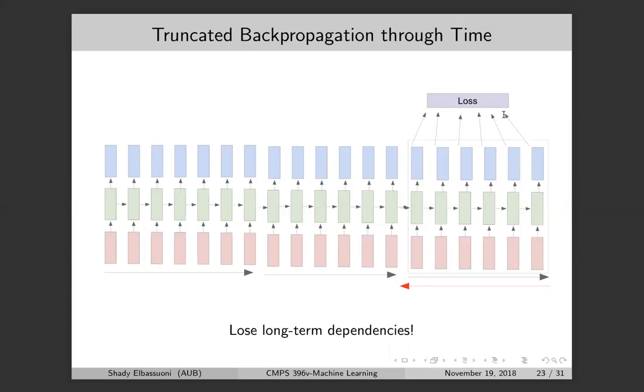So the problem with this is that you lose long-term dependencies. The output here depends on the whole input sequence because you're passing the hidden state along, but the backpropagation doesn't take into consideration the whole sequence. So you cannot really capture dependencies from here.